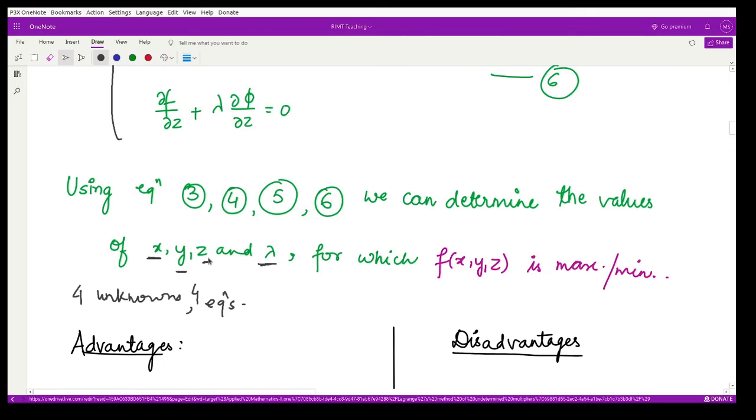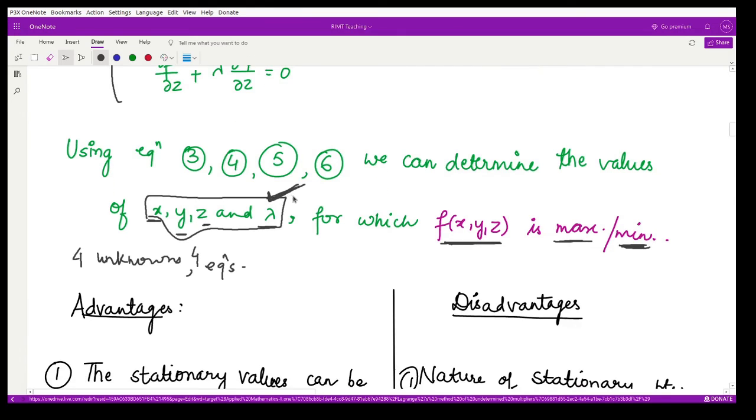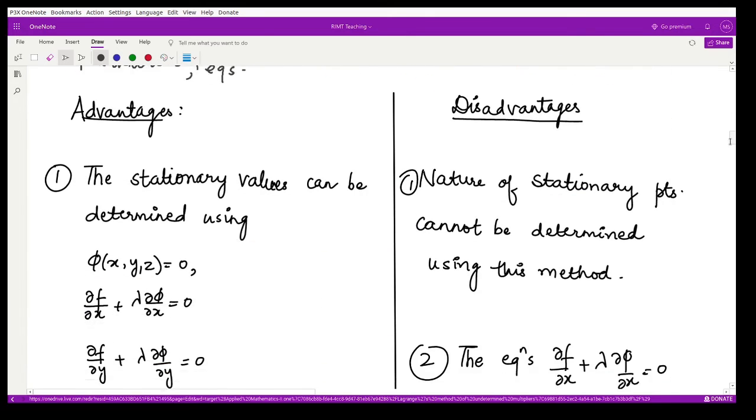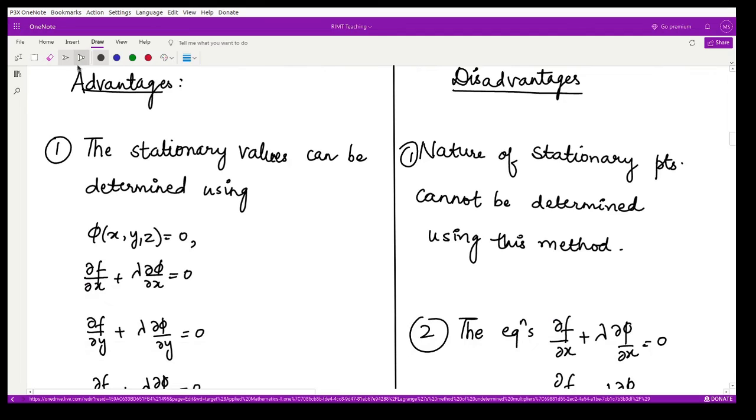So corresponding to these values, whatever values you obtain, we will say that the given function has either the maximum or the minimum. Now in this case, you actually do not know exactly whether you obtain the maximum value or the minimum value, but you are certain that this is the critical point where you have your extreme value.